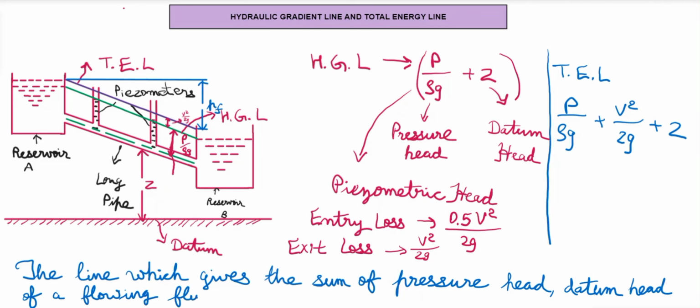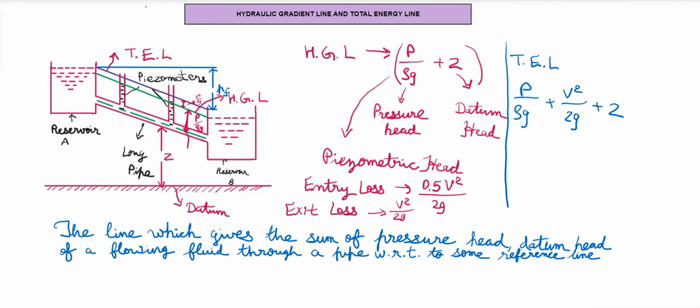Here the reference line means the datum, and that line we call the hydraulic gradient line. Again, I'll just repeat, the line which gives the sum of pressure head, datum head of a flowing fluid through a pipe with respect to some reference line, that is known as the hydraulic gradient line.